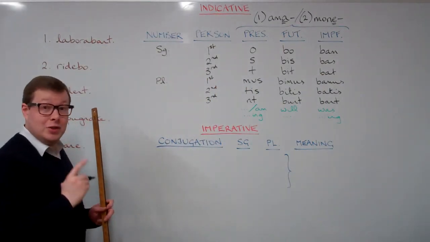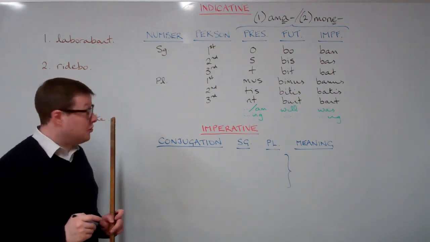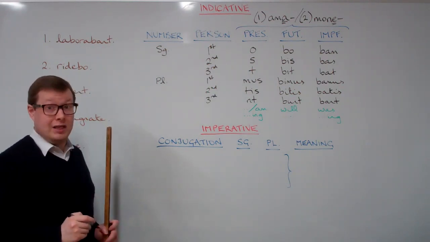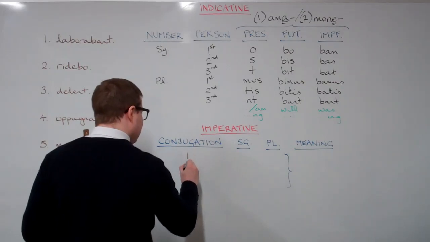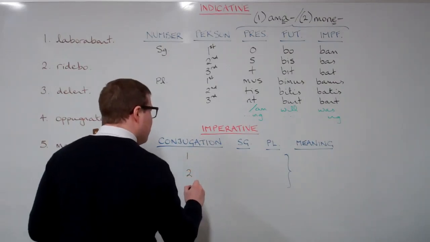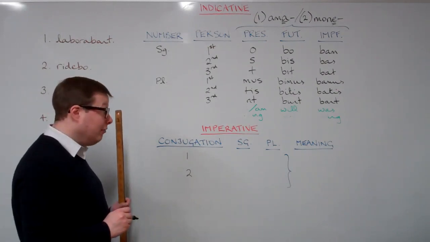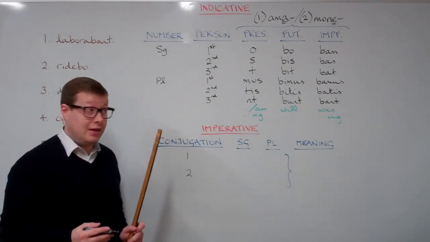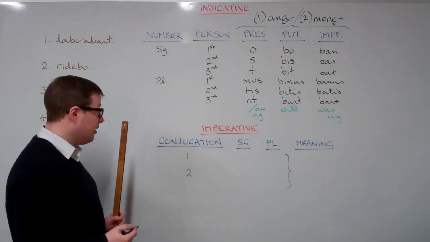Now, as I've mentioned already, the indicative mood is for factual statements, while the imperative mood is for orders, giving instructions. Now, if I put the first and the second conjugations here, there are two possible endings in each category. One for singular, that's ordering one person to do something, and another one for plural, ordering multiple people to do something.